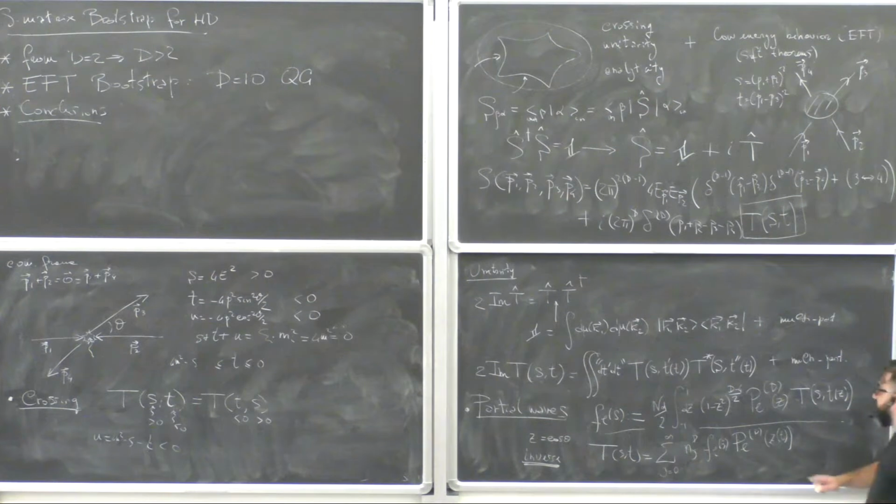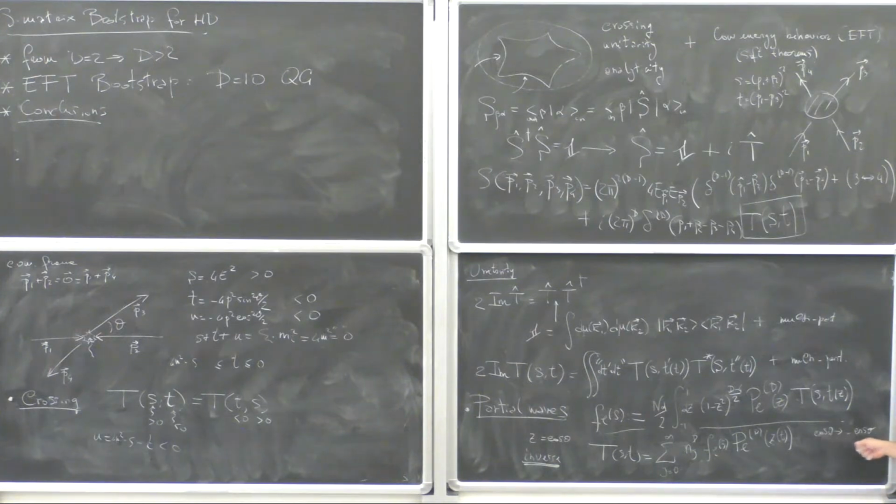And now let me just say one consequence of crossing on this sum. Crossing effectively exchanges cos theta to minus cos theta, because we rotate by pi.